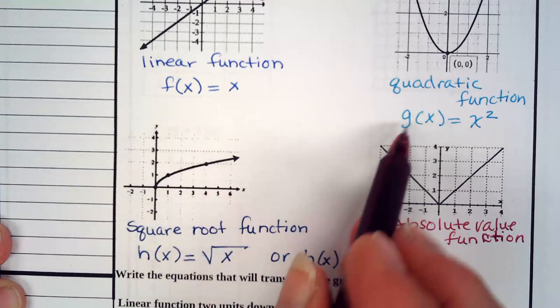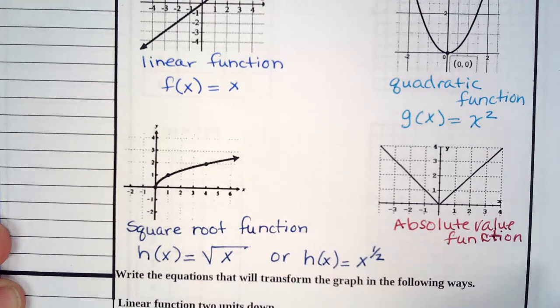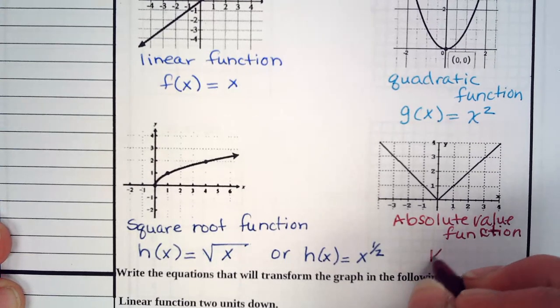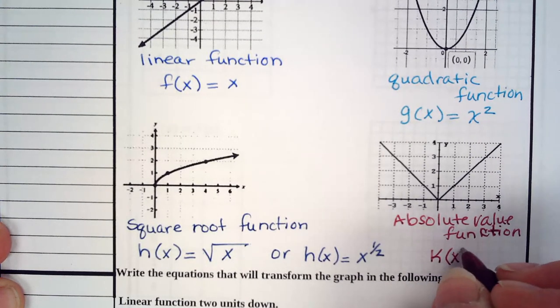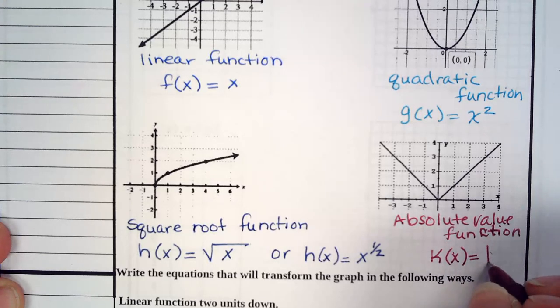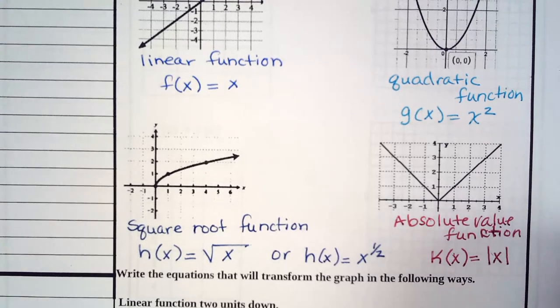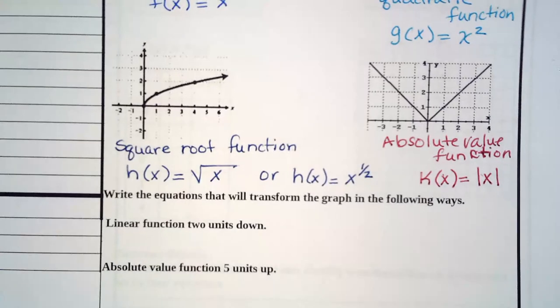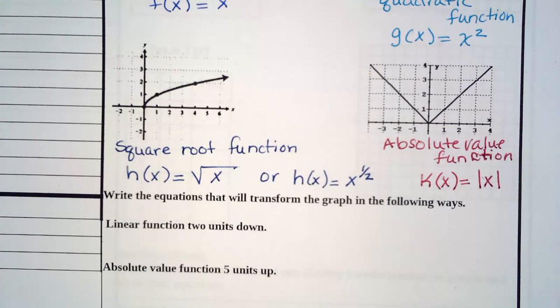Okay, F, G, H, I don't like I or L, so let's go to K. K evaluated at X, we use the expression the absolute value of X. Okay, so now we've got all the parent graphs.